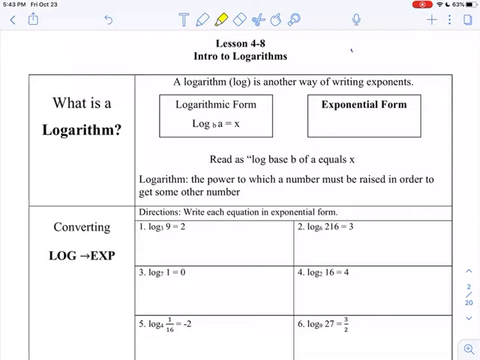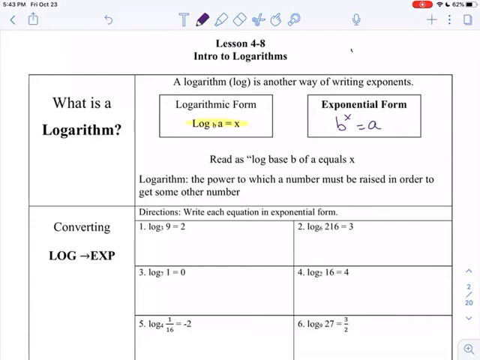So a logarithmic form is log base b of a equals x. The number that's written a little bit lower as a subscript is the base b. What does that look like in exponential form? Basically, it would be b to the x equals a.